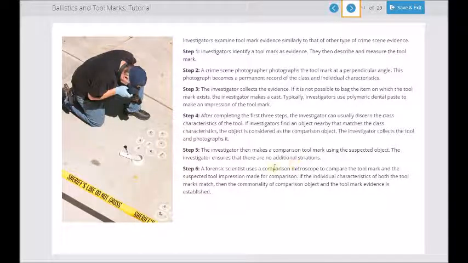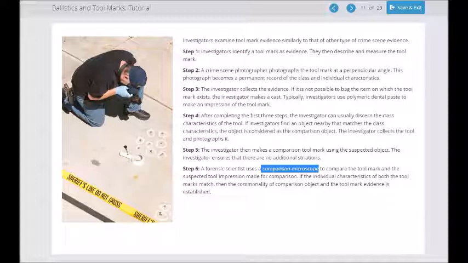This may involve things like a comparison microscope, which lets you put two pictures together. If they match, then we know that it's evidence, and the evidence linkage is established. And you have to have this to be able to show it to a jury.